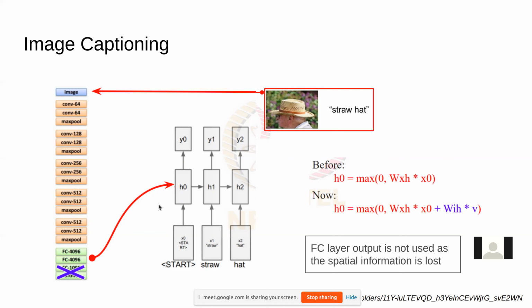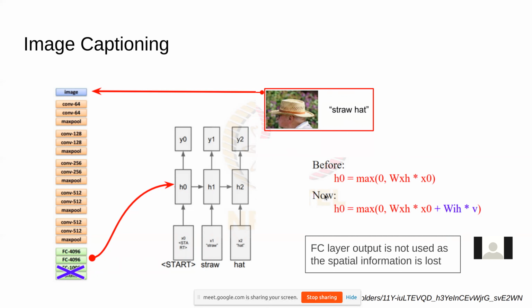Initially, in the case of RNNs, generally the hidden state at time t was computed as a weight depending on the current input x0 and the previous hidden state, right? This max represents the ReLU operation.